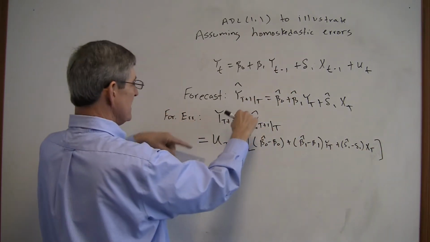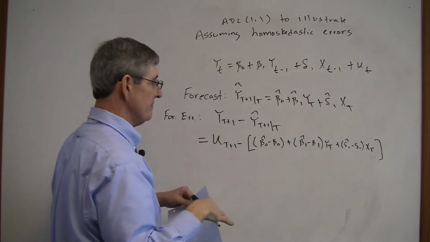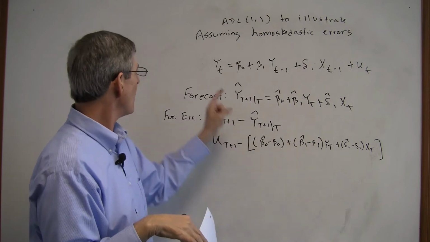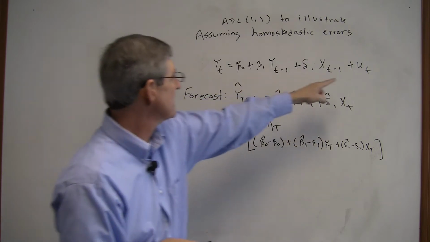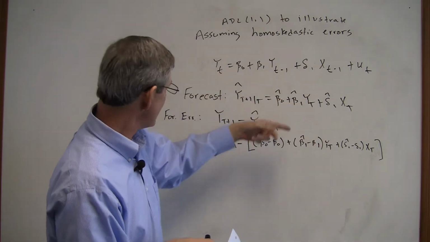So that's just this. Just plug in these two definitions. Write this as y_{t+1}, and this will pop right out. You get the u_{t+1}. Then you can see the subtractions, that minus that, and so on.